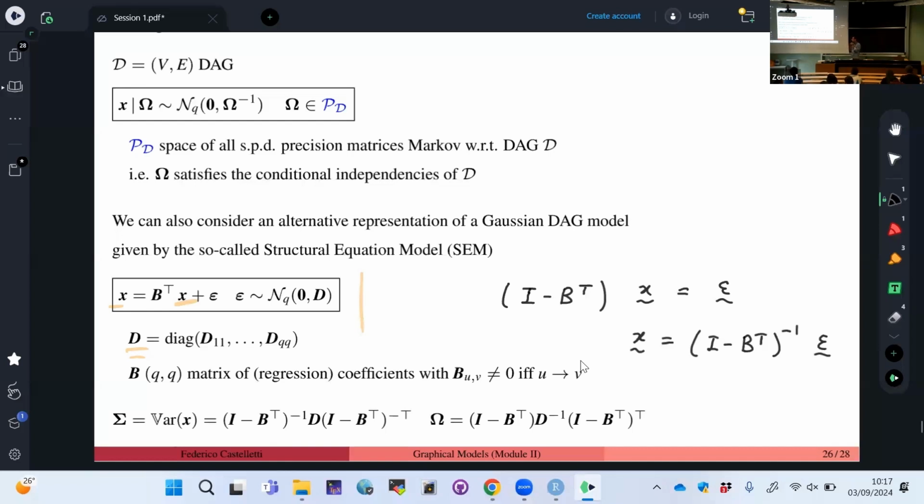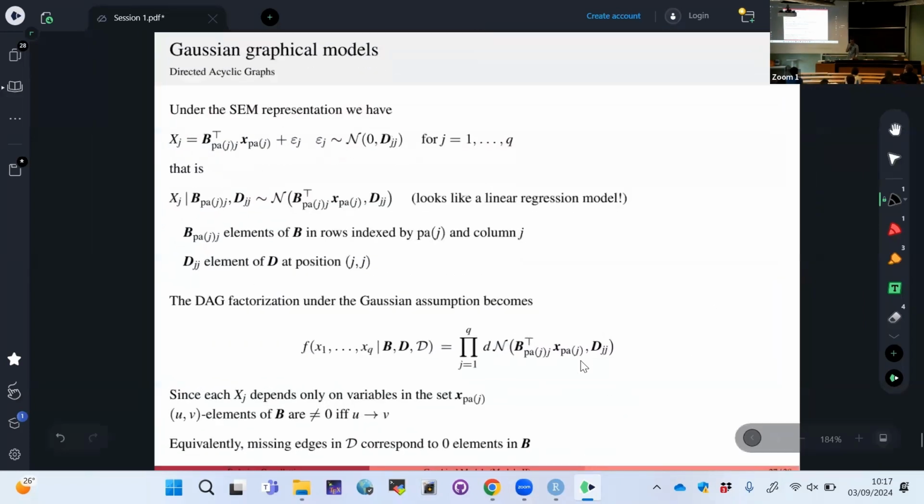And also we would like to read conditional independencies through zero elements in some parameter, and this parameter is the matrix B, our matrix of regression coefficients. But this is simply another way to parameterize omega, which is given by this relationship here. This is sometimes called modified Cholesky decomposition, if you are familiar with Cholesky decomposition of covariance matrices.